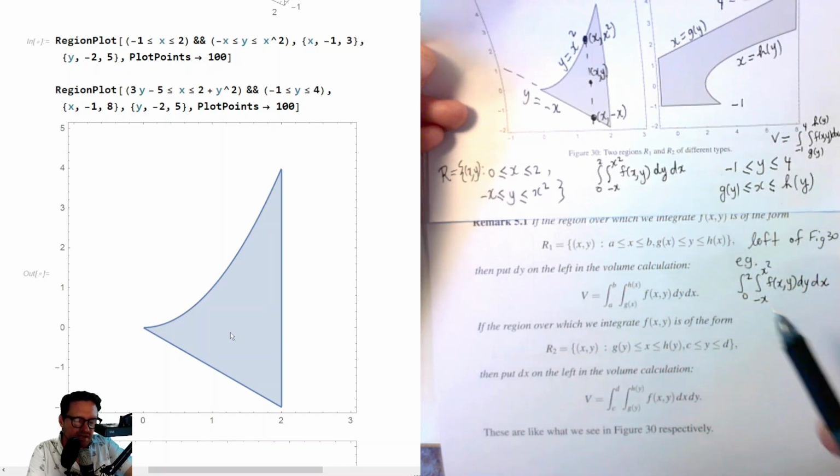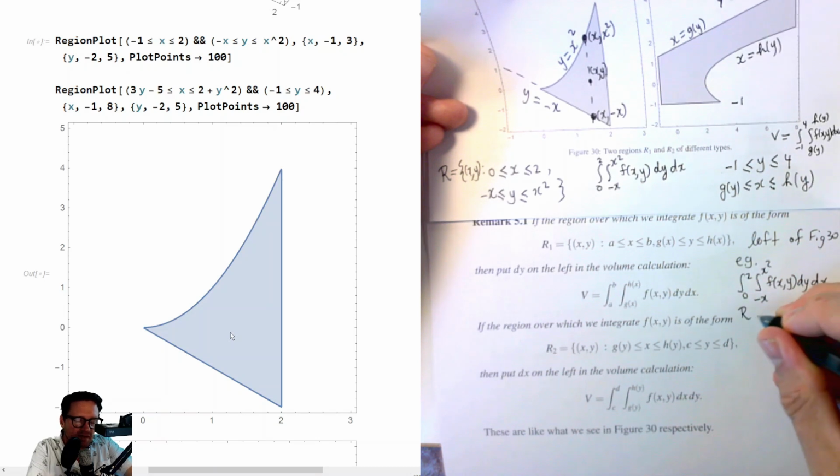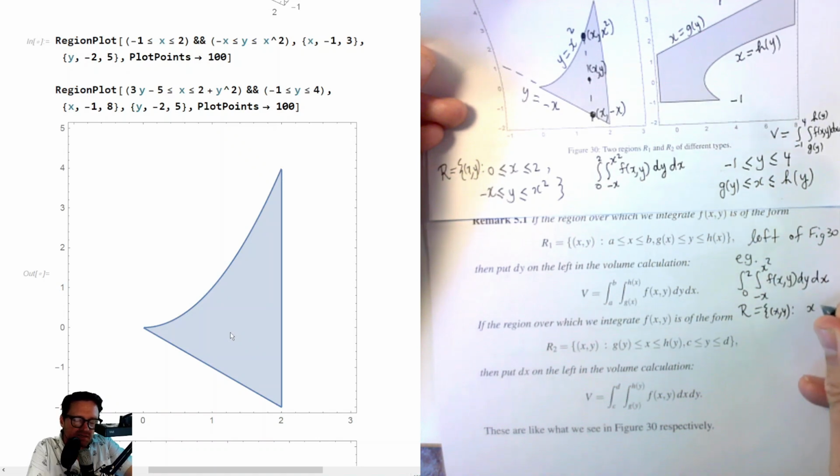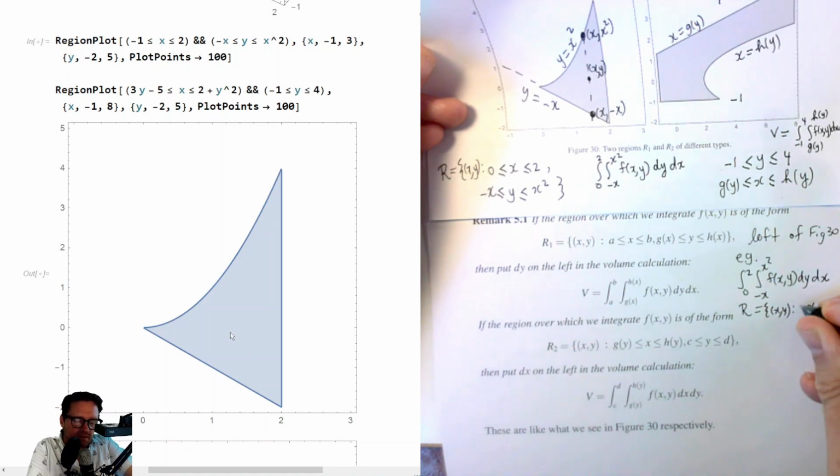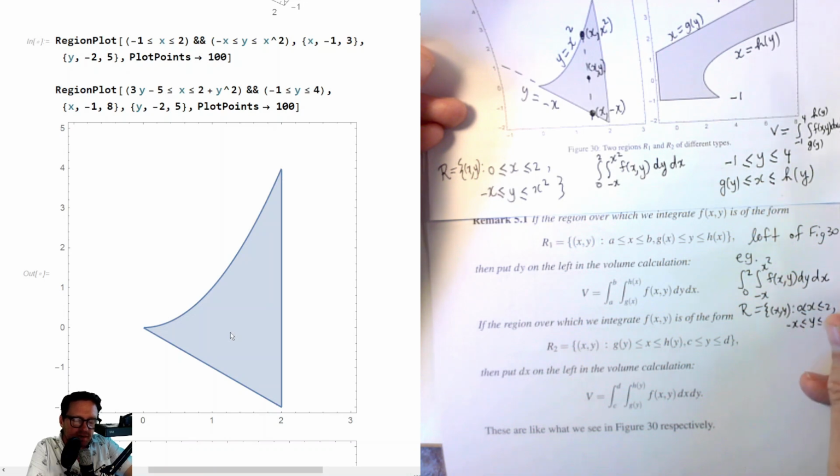Okay, so e.g. in this case that we had R equal to the set of all points x, y, such that x was between 0 and 2 and y was between minus x and x squared.